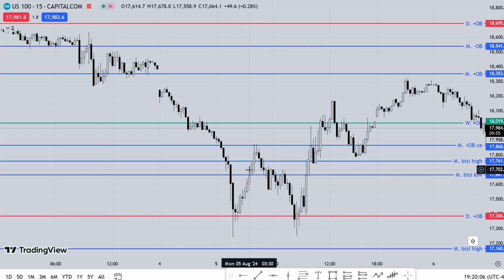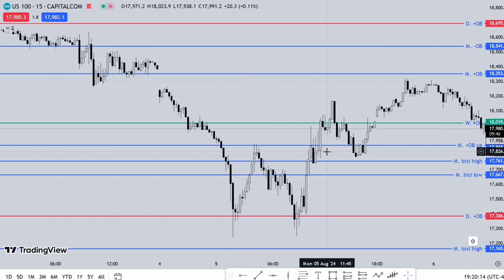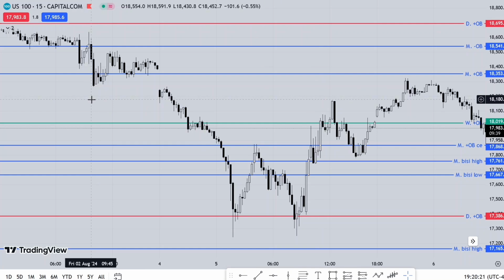I would want you to correspond this price action with the S&P, with the ES, which is the US 500, the CFD for the S&P. This US 100 is the CFD for the Nasdaq.